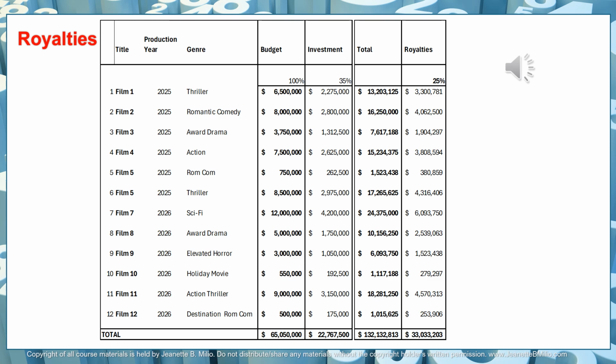So the royalty value would be a guiding factor for the buyer to say, well, what could I be generating after I buy this? So they would look at, okay, I can generate another $33 million. Interesting. So maybe I'll offer Jeanette 30 million, or maybe I'll offer her 20 million. Maybe she'll take it because I'll make 33 million, so I'll make money.